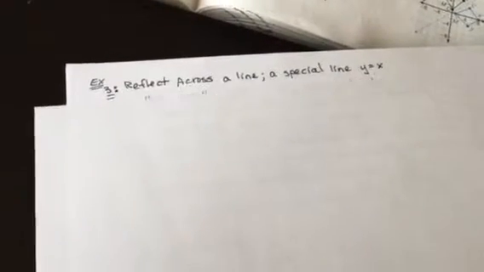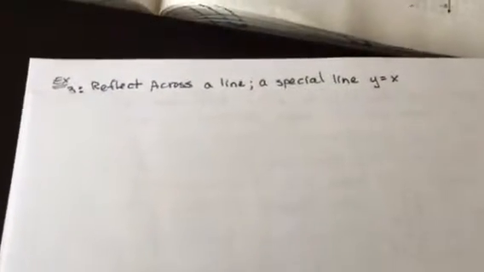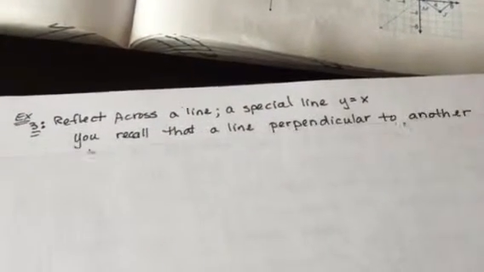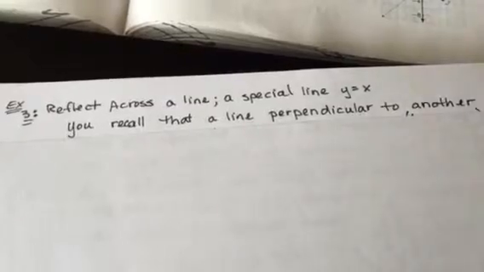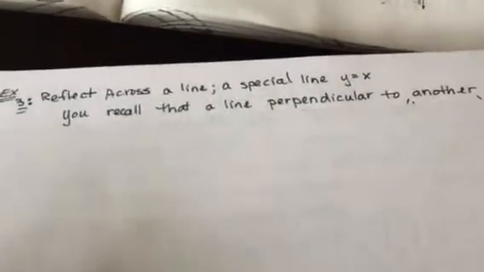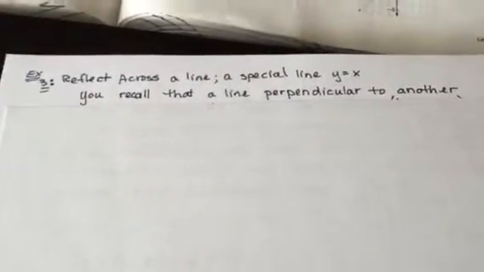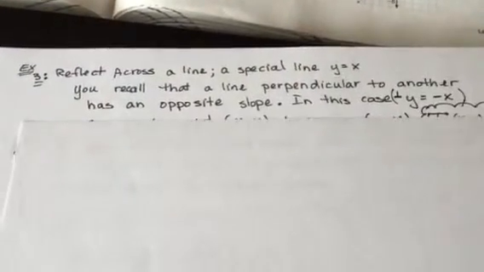Example 3. This is reflection across a special line, a very nice line, y equals x. Get familiar with this line. It is a fun line. It happens to be 45 degrees. You will recall that a line perpendicular to another line will have its slope at the opposite slope.